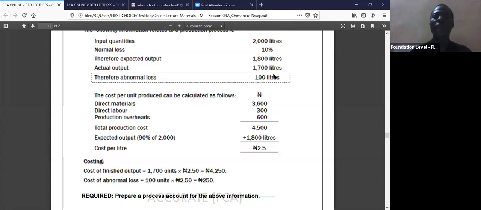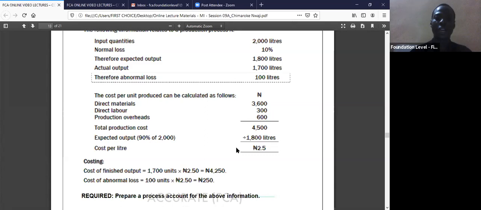Never do we use actual output. We are always using expected output to determine our cost per unit, never the actual. So the cost of one good finished output is still 2.5.